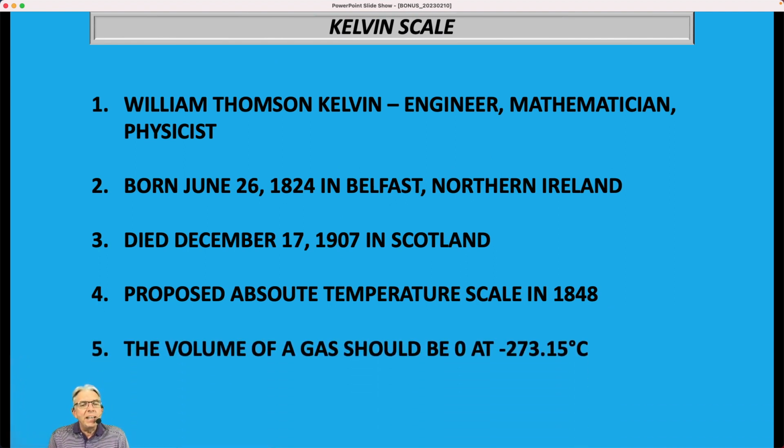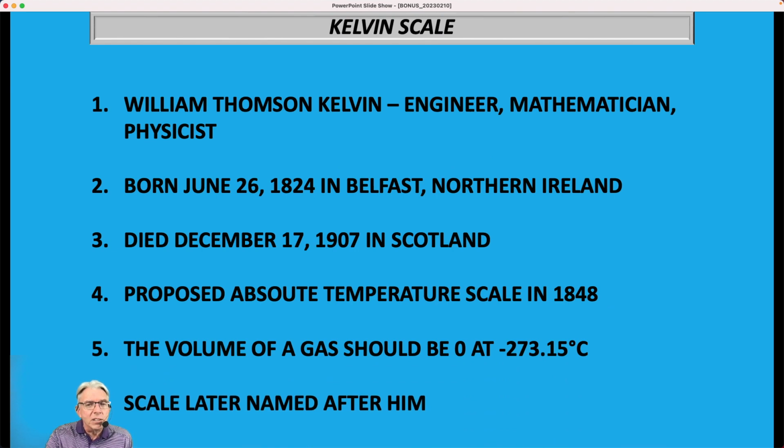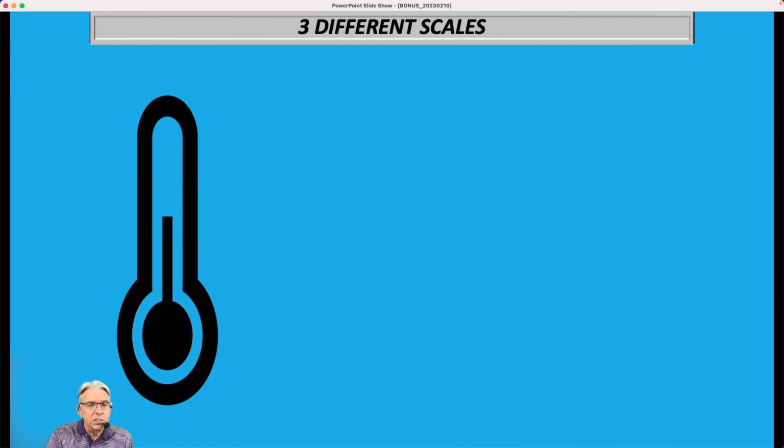And the idea behind it was that the volume of a gas should be 0 at a temperature of minus 273.15 degrees Celsius. Basically, 0 Kelvin is where all molecular motion stops, okay? Nothing's going on. The world is dead, okay? So it's a theoretical but real temperature scale, and the scale was later named after Lord Thomson, or William Thomson Kelvin, also named as Lord Kelvin, and so today it's known as the Kelvin scale.